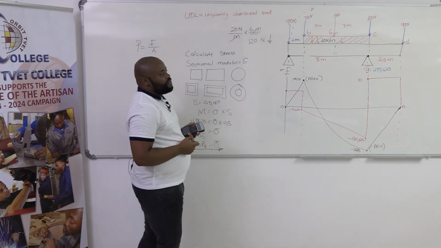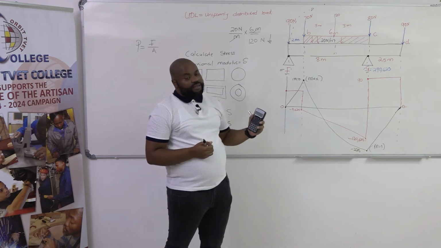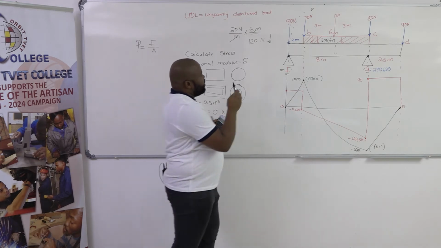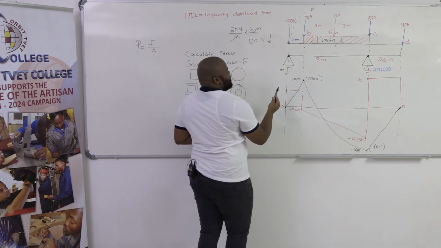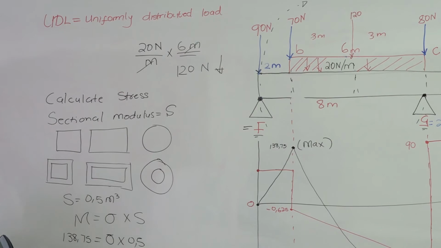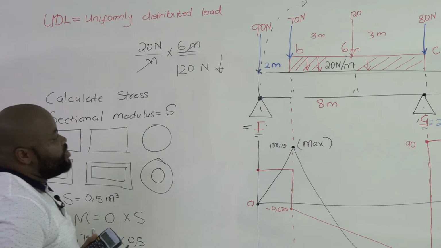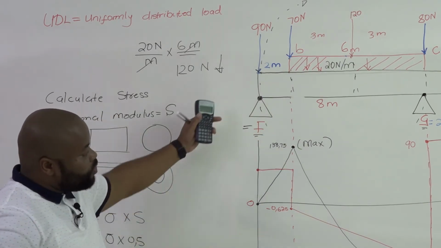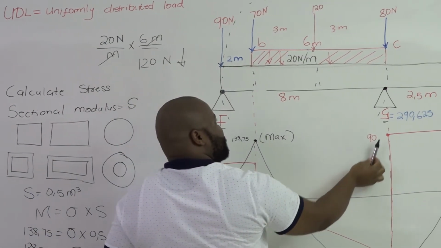Remember that we spoke about Newton's law 3, which says that for every action, there's an equal reaction in the opposite direction. Meaning that when you are applying force downwards, there's an equal force being applied in the opposite direction. That is Newton's law number 3. So after you have made F your fulcrum point, or you have taken moments at F, it means that G is also a force, but where is it going?